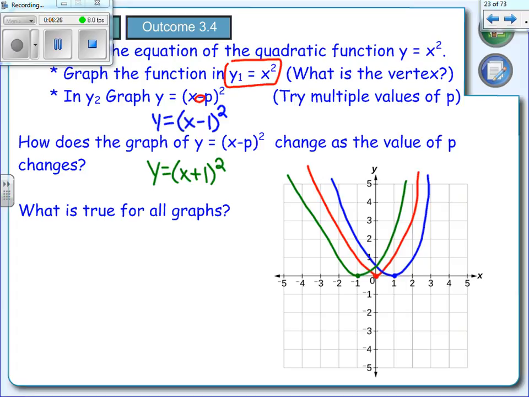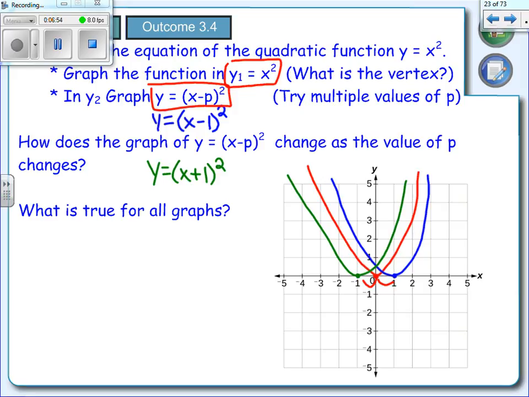If we look at these things, we need to decide what happens when we have this minus p in here. What's going on when we do this thing right here? What's that p-value doing to my graph? Well, if you look, you can tell that it shifted it 1 to the right, and then it shifted it 1 to the left, depending on if it was plus or minus.